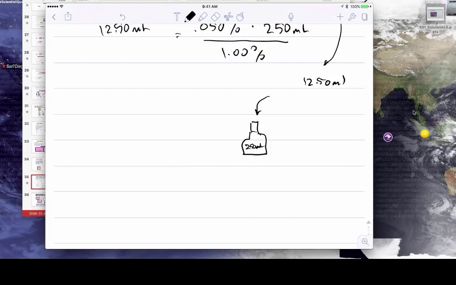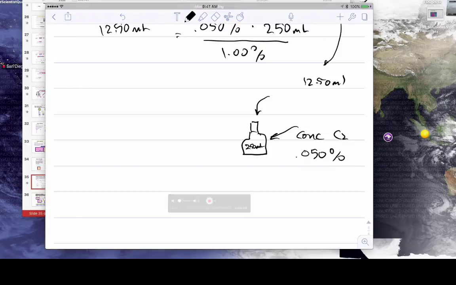And when we do that, that concentration, which is C2, is going to be 0.050%. That's how you would solve that particular problem.